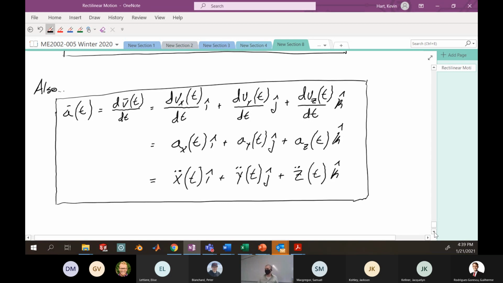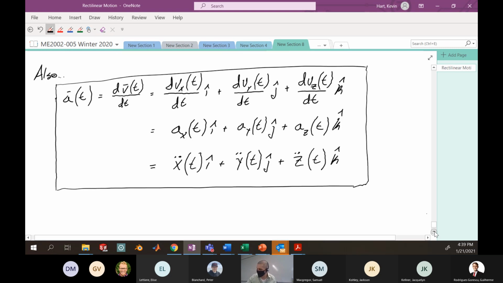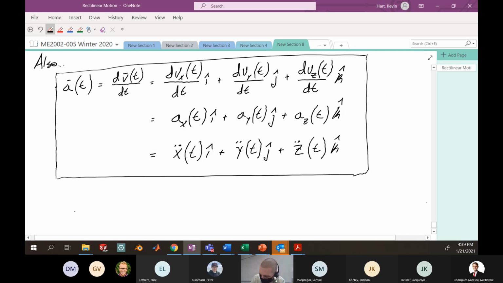Right. One last comment I want to make here is, if you're considering an equation that looks like V equals dr/dt, if you're in 3D rectangular coordinates, this is 3 equations, right?